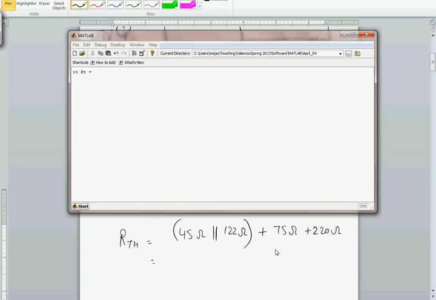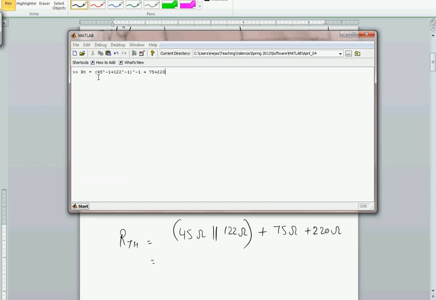So RTh will be equal to parallel combination of 45 and 122 plus 75 plus 220.